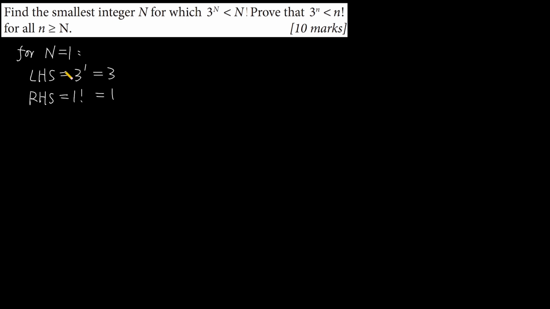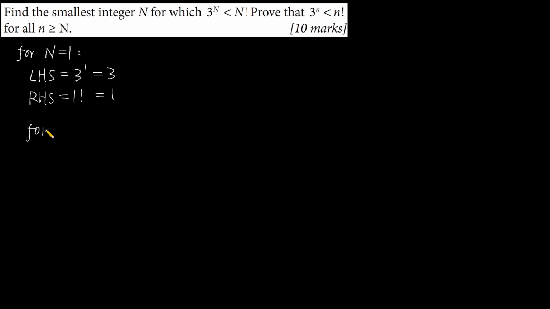Then the left hand side is larger than the right hand side. We need to find the smallest integer n for which the left hand side is smaller than the right hand side. And we can check 1, check 2, check 3, until we find that n equals 7.